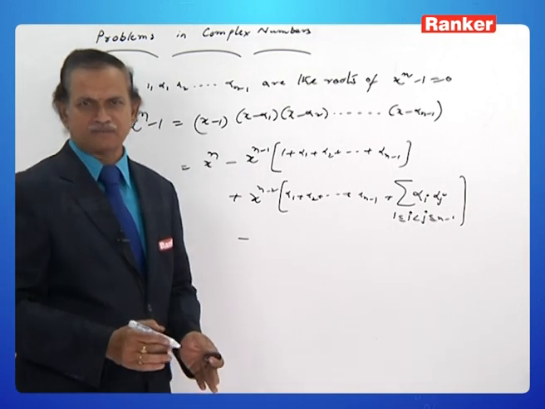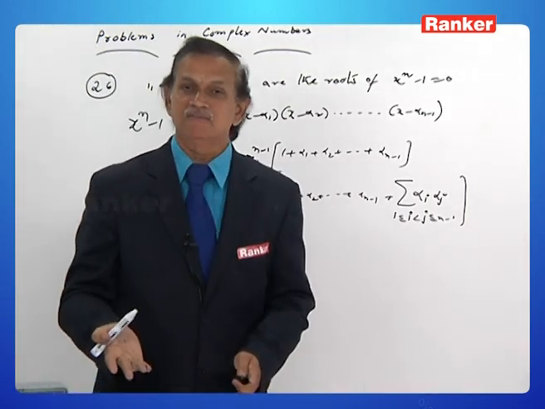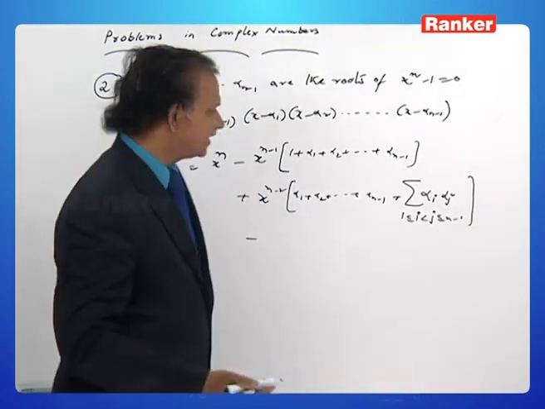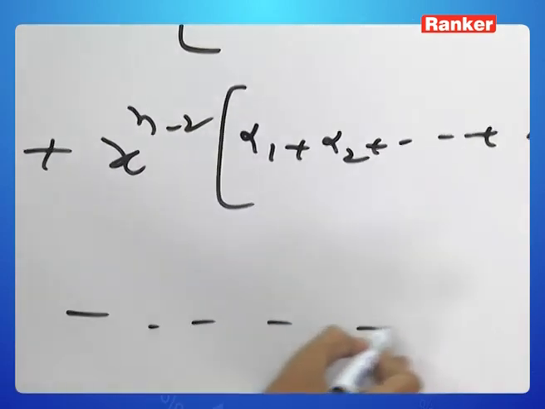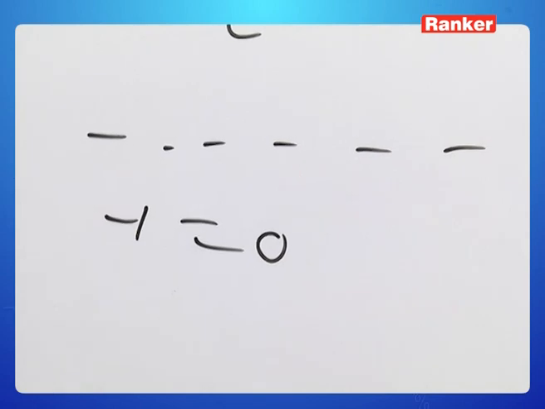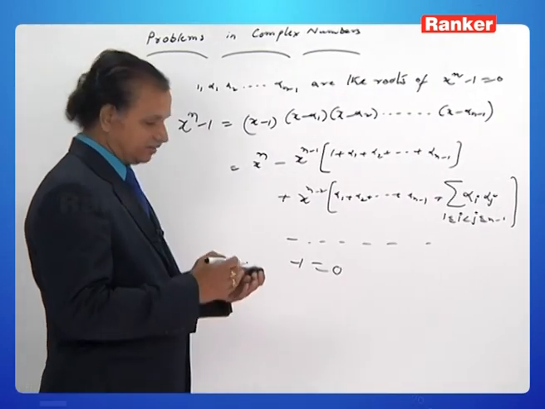The sum of the products of the roots taken 3 at a time, plus x^(n-4) into the sum of the products of the roots taken 4 at a time. Like that, at last minus 1 is equal to 0. As it is minus 1, the last term here is also minus 1.